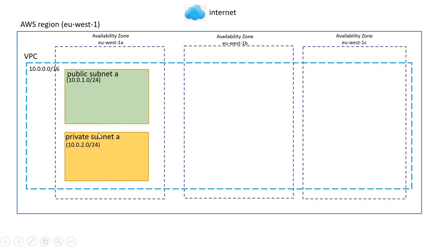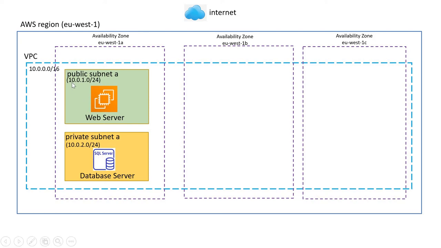Whereas a private subnet will be the network where we host our services like database servers which should not be accessible from the internet. For example, in this public subnet we can host our web server, and in the private subnet we can host a database server which should not be accessible from the internet.